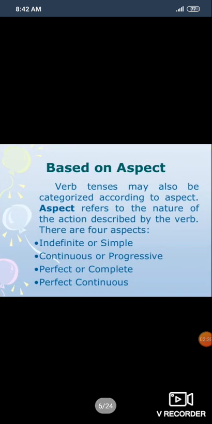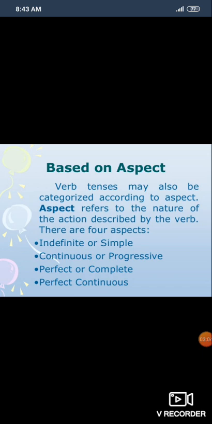Now, based on aspect, verb tenses may also be categorized according to aspect. An aspect refers to the nature of the action described by the verb. And there are four aspects: indefinite or simple, continuous or progressive, perfect or complete, and perfect continuous.